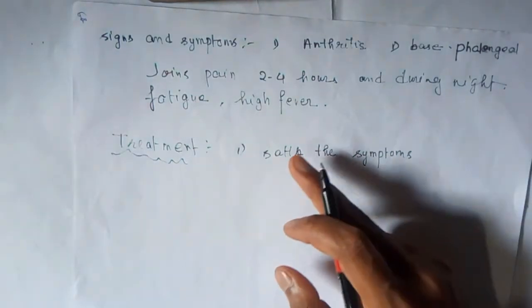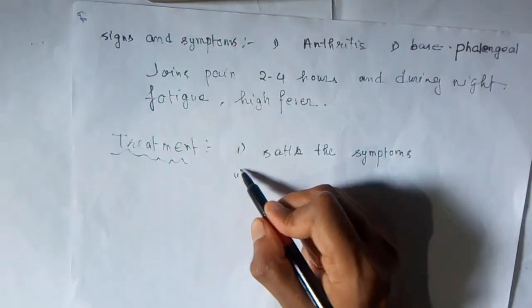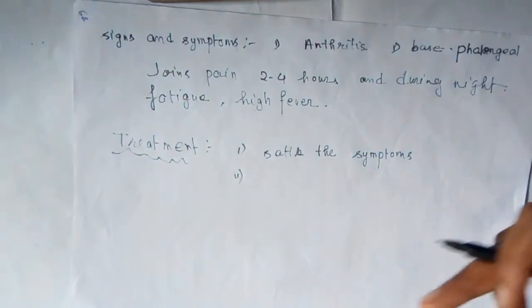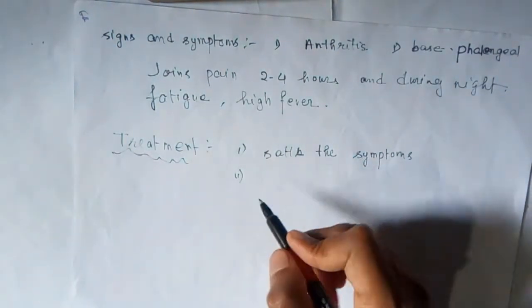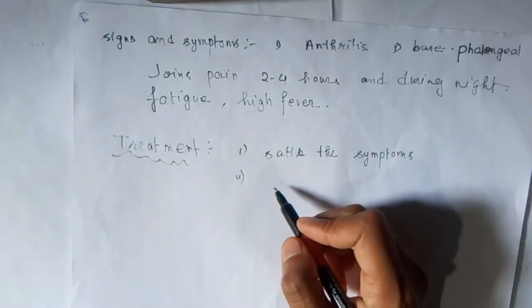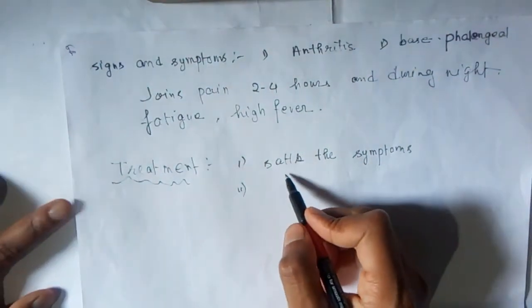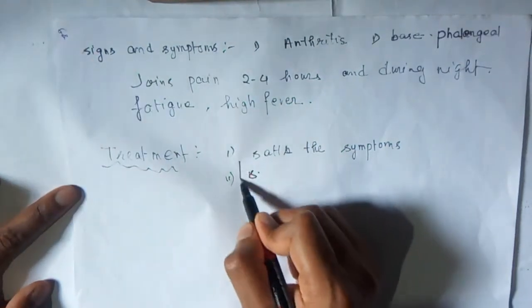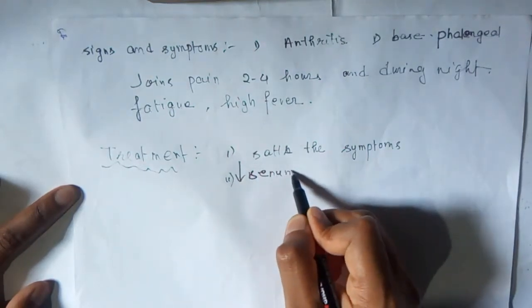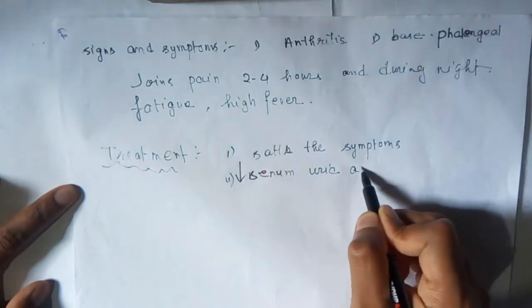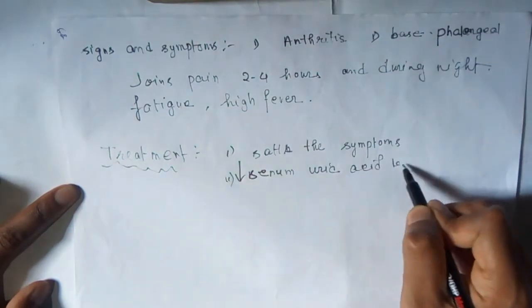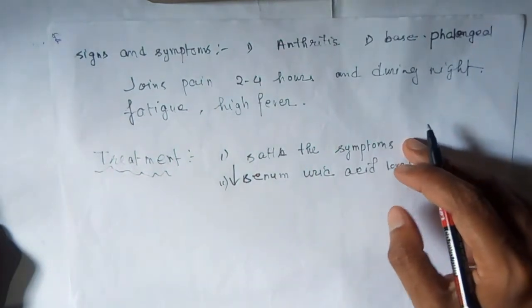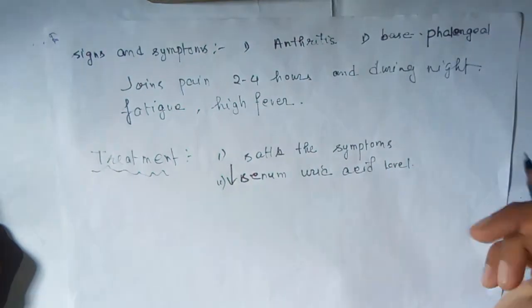Different drugs are used to reduce the serum uric acid level. Ice is applied for 20 to 30 minutes several times a day to decrease pain.